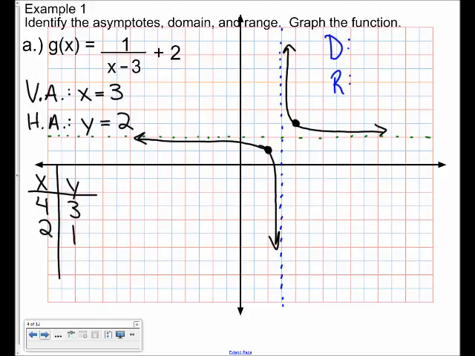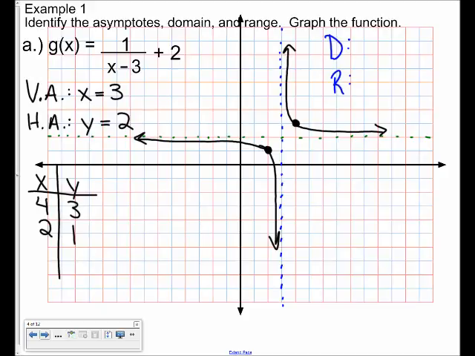Now, all of the values for x and y are good except for 2. What are the only 2 values that I can't have? 3 and 2. And now, which one do I care about for the domain and which one for the range? Domain, the x cannot be 3, and my range, y cannot be 2.